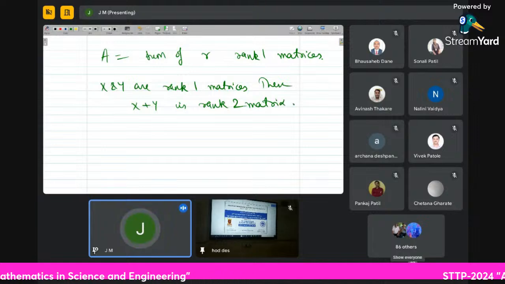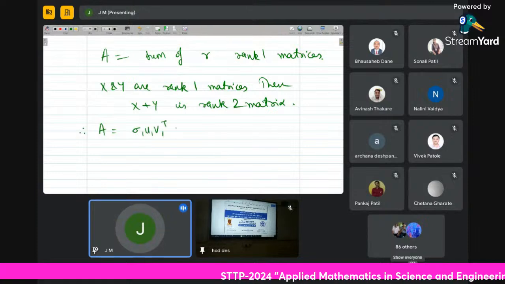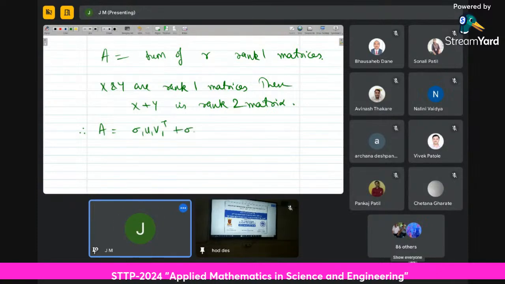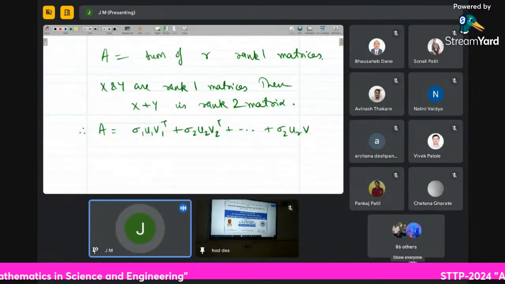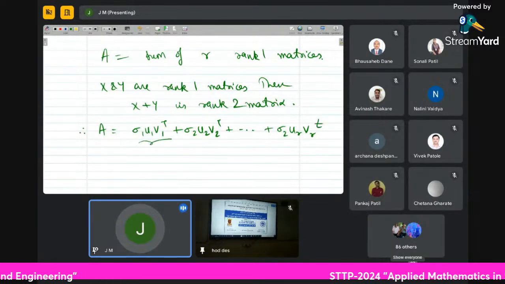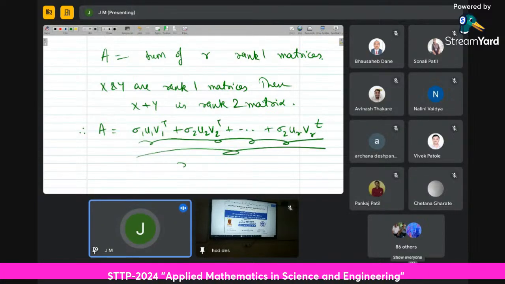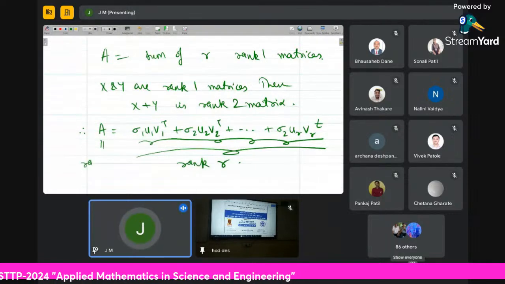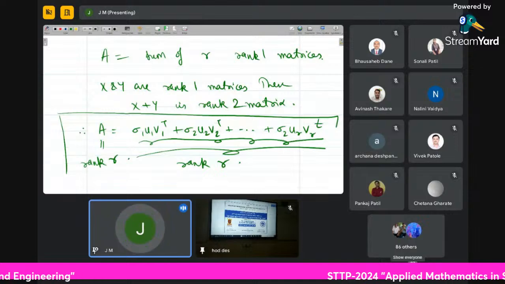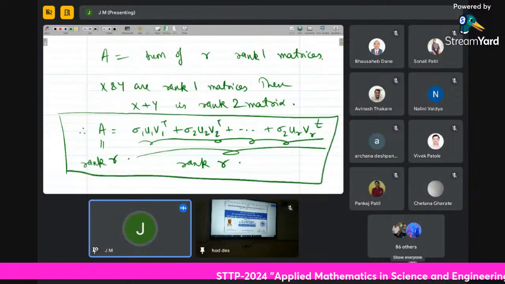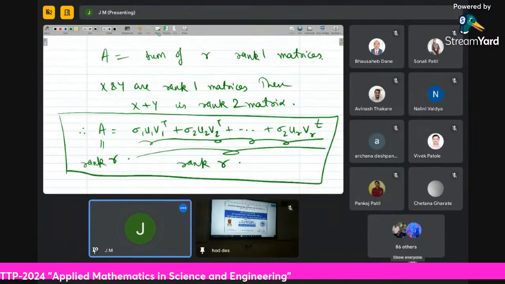Okay, and therefore your A, which is sigma 1 U1 V1 transpose plus up to sigma R UR VR transpose, all of these are rank 1, and therefore it is nothing but the rank of the matrix A. Okay, so this is a very important observation that one has to look for when playing with the singular value decomposition.